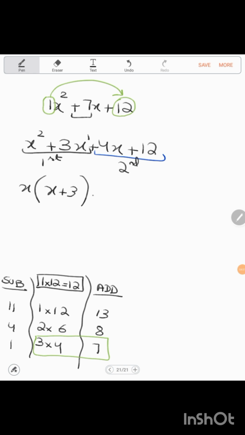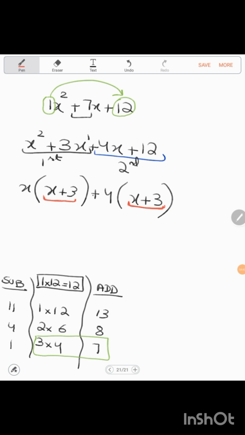So 4 is the maximum number we can take common. Plus 4. What is left inside the bracket? x plus 3.